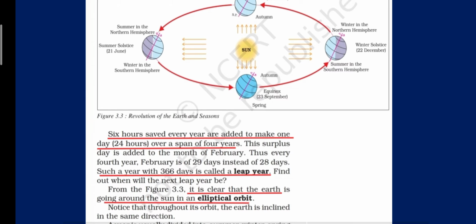So children, now the 6 hours is saved every year, and we do this for 4 years. And over a span of 4 years, this 6 hours is added together to make one surplus. Surplus means one extra day. So this one extra day is added to the month of February.